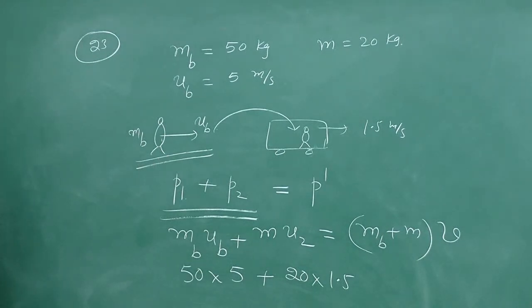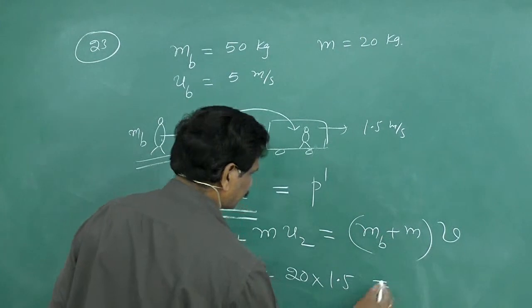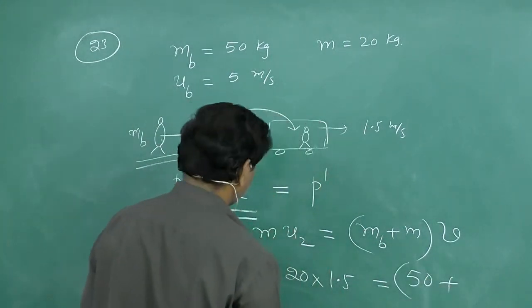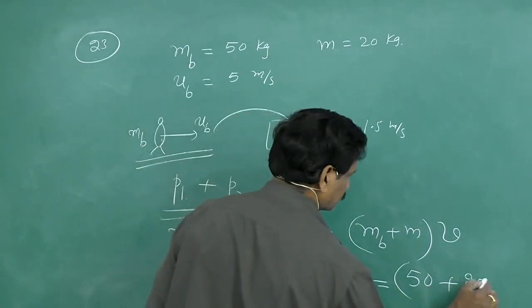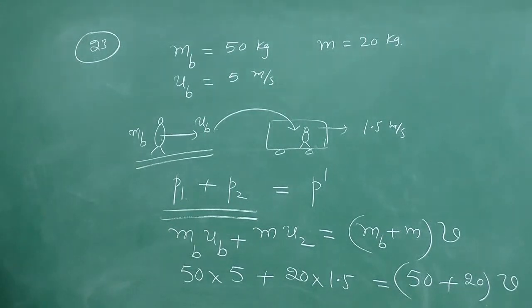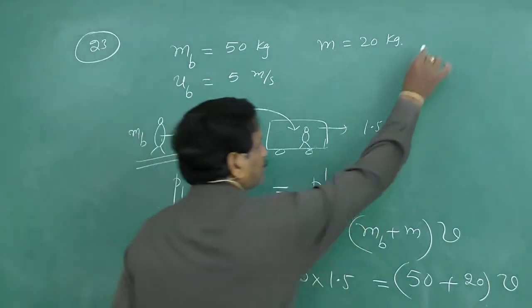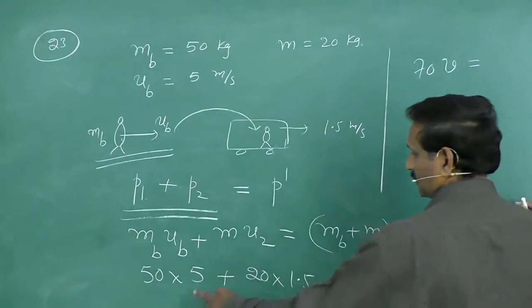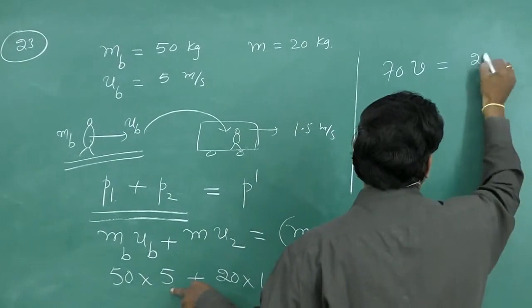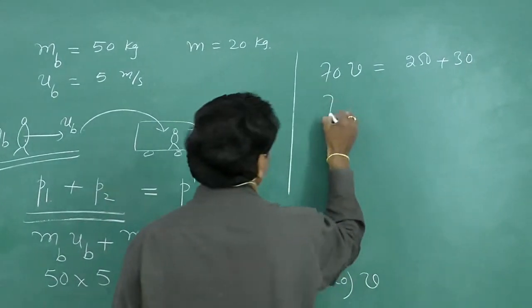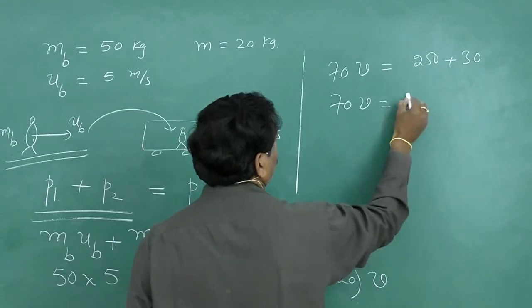So 20 into 1.5 is equal to mass of boy 50 plus mass of trolley 20 into V. If V is the common velocity, we have to calculate it. So 70 V is equal to 50 into 5, 250, plus 20 into 1.5, 30. So 70 V is equal to 280.